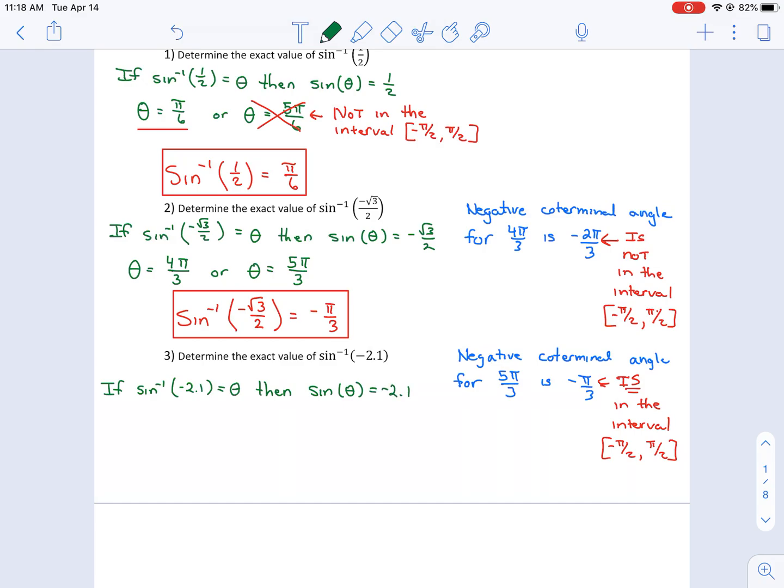And you can search and search, and you'll never find an angle whose sine value is negative 2.1. And that's because negative 2.1 is less than negative 1. So in this case, the inverse sine of negative 2.1 is not real.